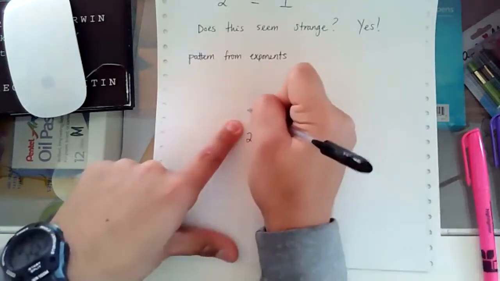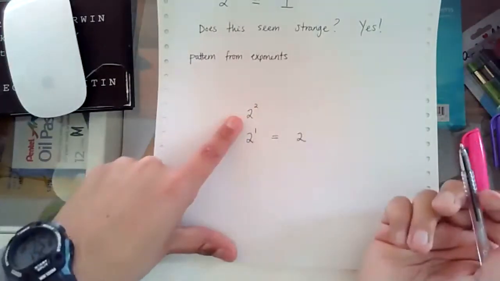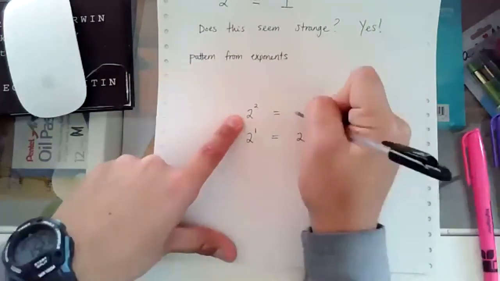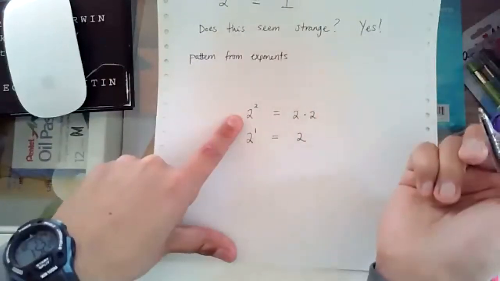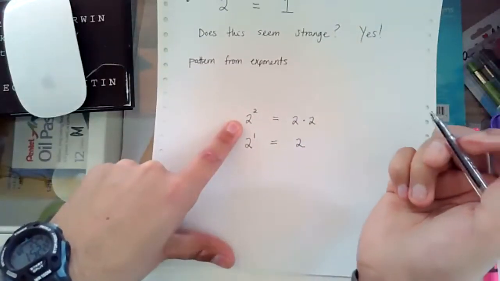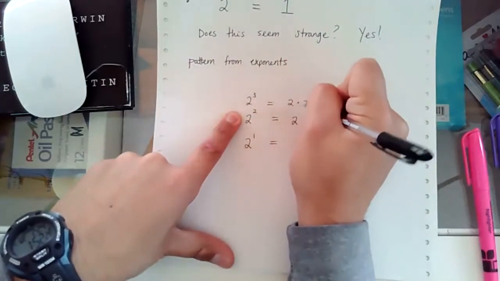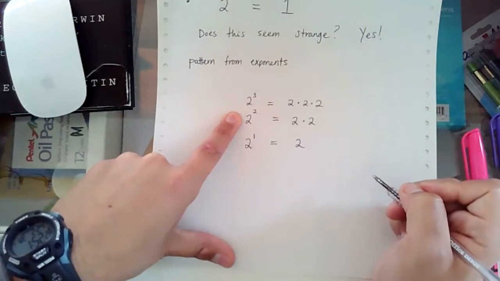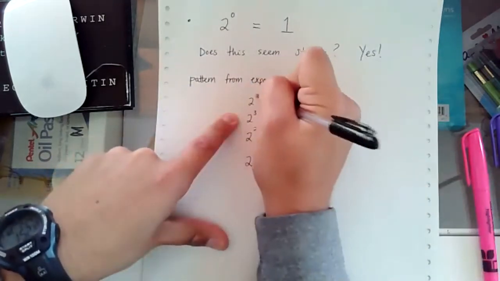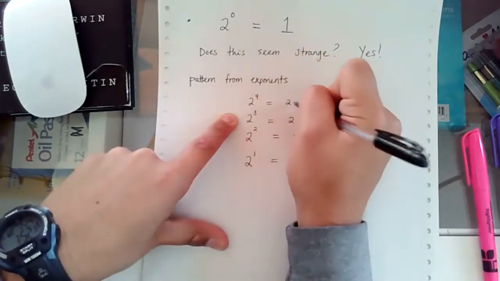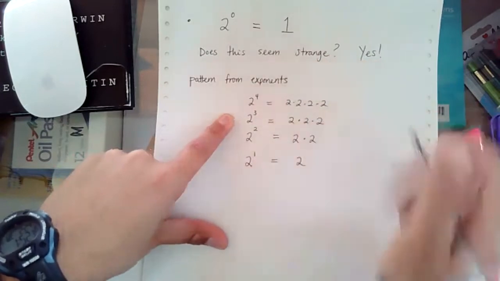And then 2 to the 2nd power, so I'm going up in exponent, says we need to write 2 twice and multiply it. 2 to the 3rd power is 2 times 2 times 2. 2 to the 4th power is 2 times 2 times 2 times 2.